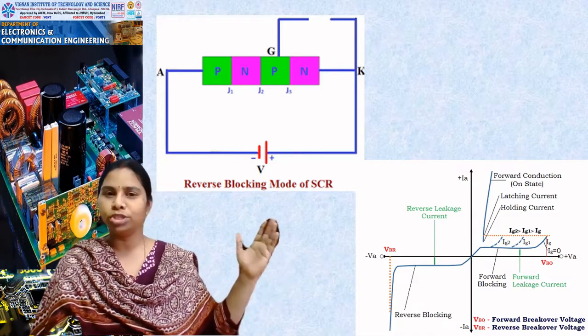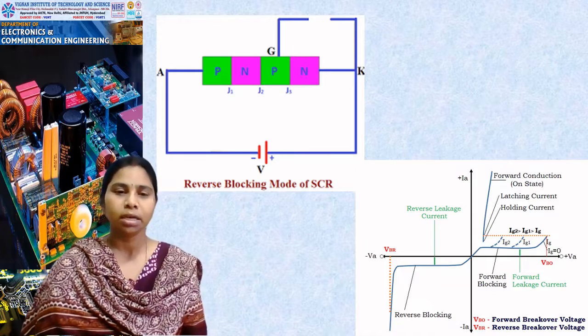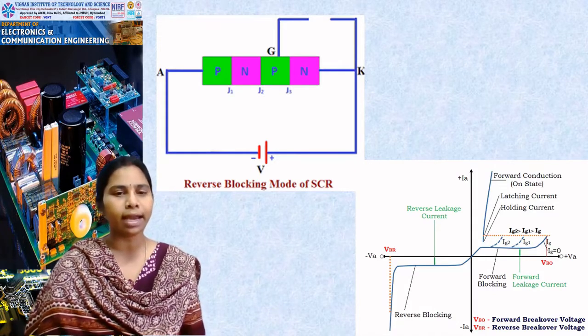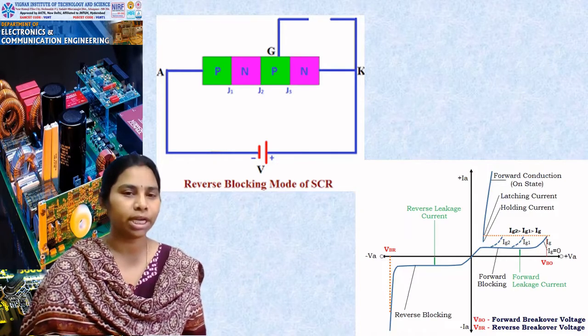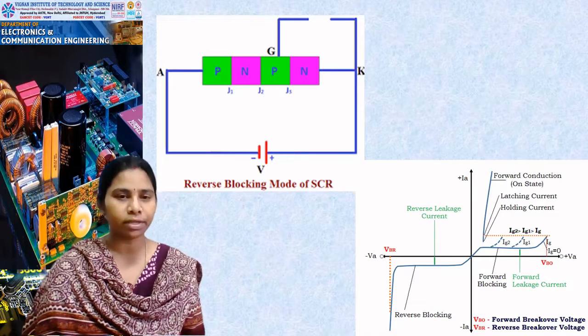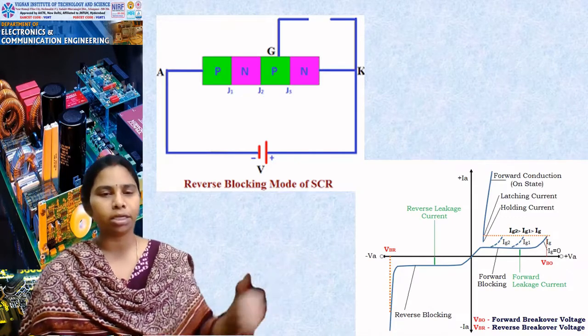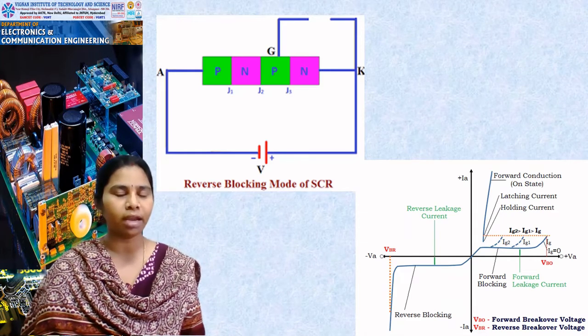Though J2 is forward biased, J1 and J3 are acting like an obstacle, not making the current flow through the SCR. They are stopping the current from increasing. So you will have a very small amount of current, only the reverse leakage current.